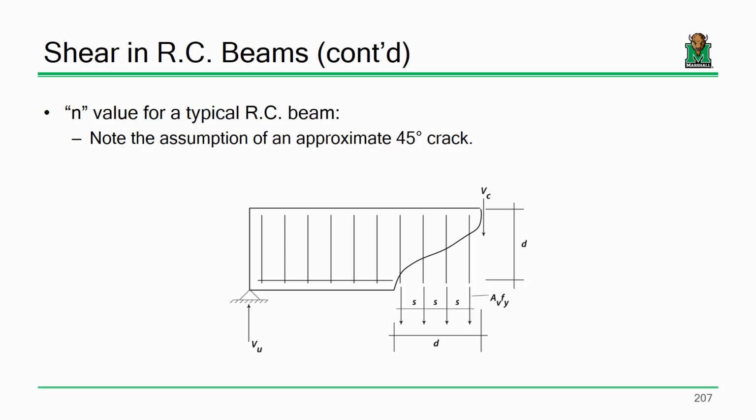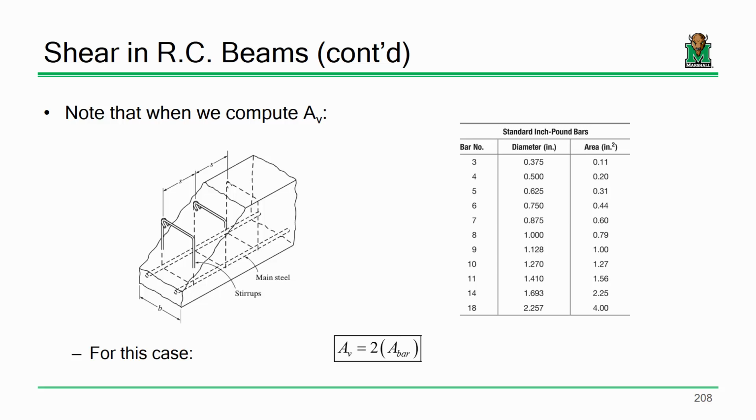Okay. All right. Now here's another thing. A sub v is the area of steel that resists shear, okay? Now, this is a typical shear stirrup layout. Let's say you've just got a typical U-shaped stirrup or a hoop-shaped stirrup that you see right here. If I cut a section through that crack, how many bars am I cutting through right here?